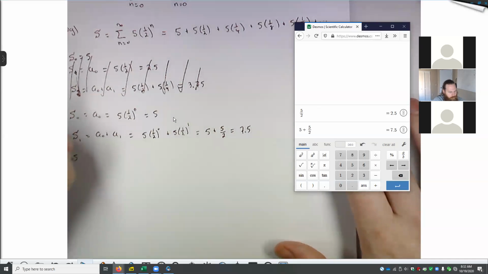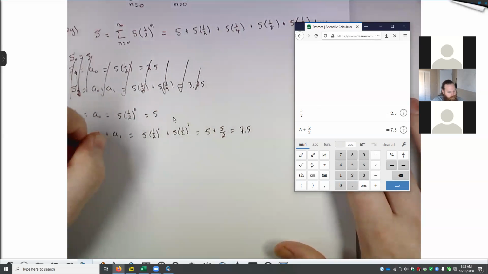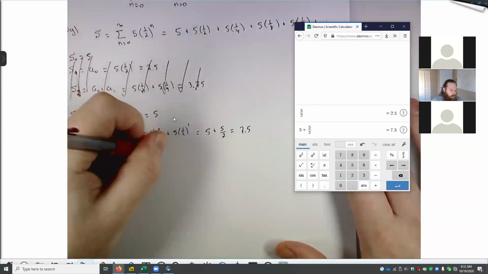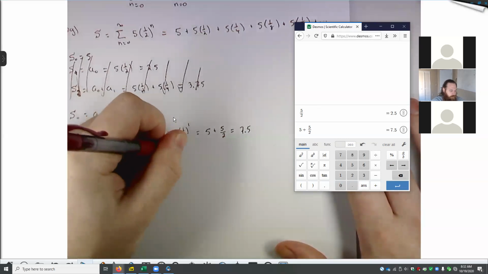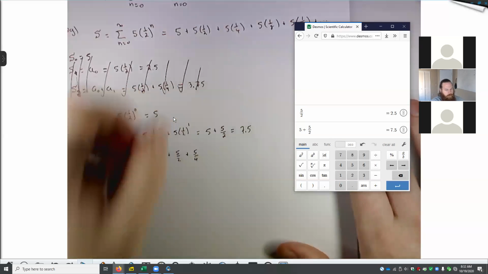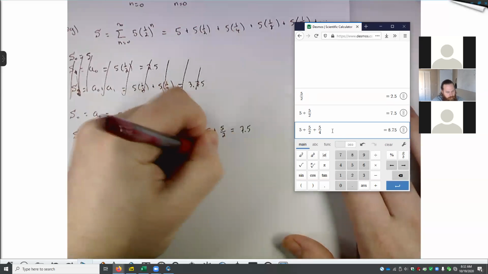S2 is the series going out to n equals 2. So that's A0 plus A1 plus A2, which is 5 plus 5 halves plus 5 fourths. So you come back here, say, okay, 5 plus 5 halves plus 5 fourths. That's 8.75.